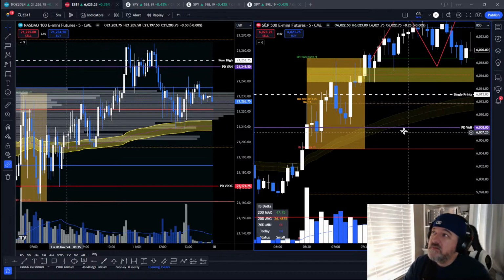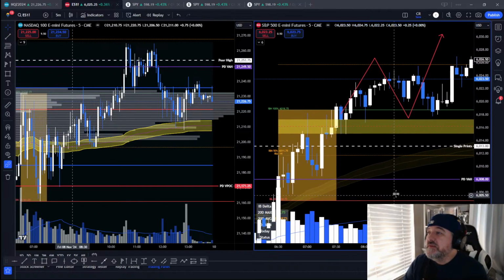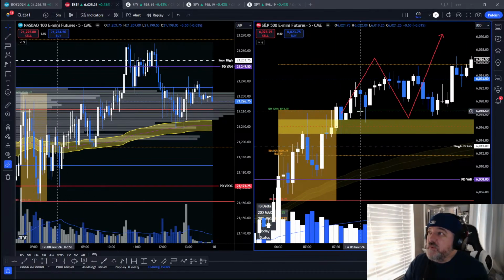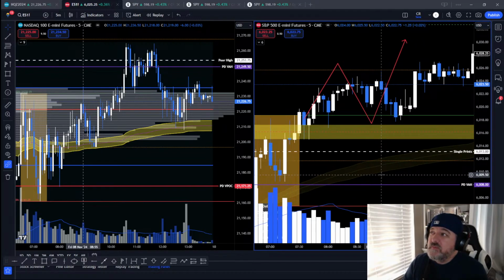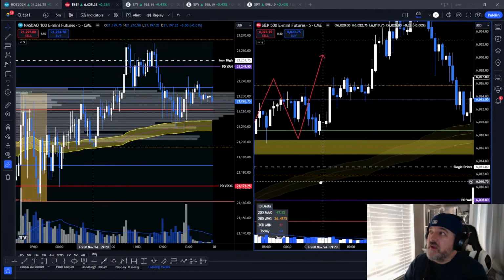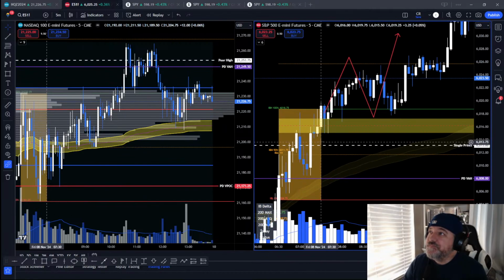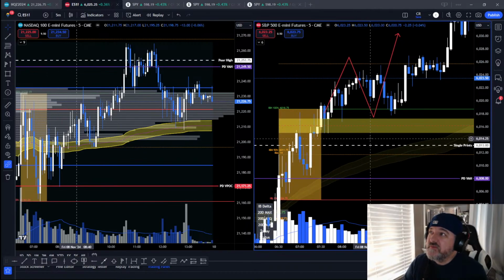On our trades, what we're looking for, at least for my setups, is a clean break of a level.